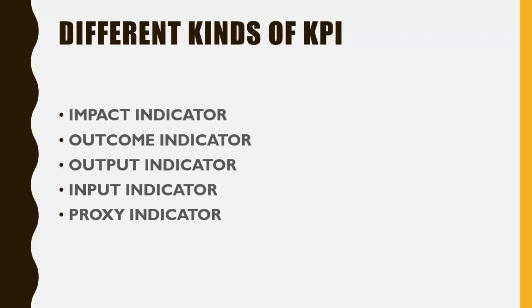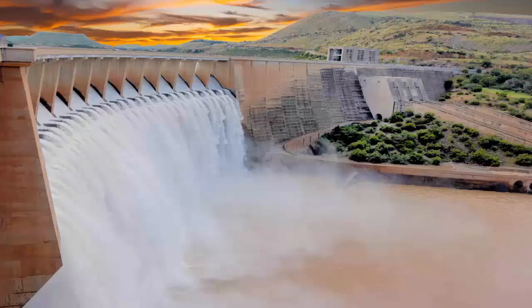I'm sure you've come across various dams around the world, and there's a picture of a dam. There are a lot of dams around the world, and some are used for various purposes, such as irrigation and water supply. You may have also heard that dams can be used for generation of hydroelectric power.